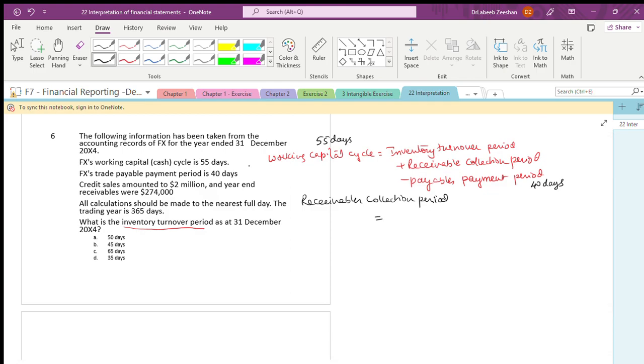What is the receivables collection period? It is nothing but receivables divided by sales times 365.